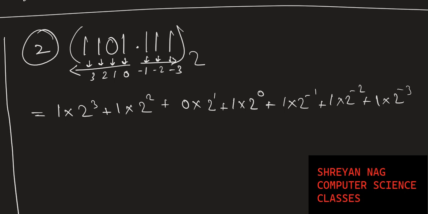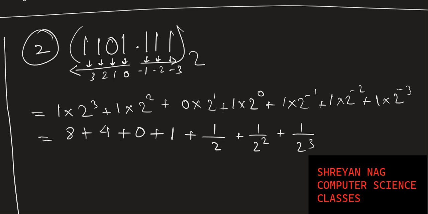So it becomes 2 to the power of 3 is 8, so 8 times 1 is 8. 2 to the power of 2 is 4, so 4 times 1 is 4, plus it is 0. 1 into 2 to the power of 0 is 1, plus 1 by 2 plus 1 by 2 to the power of 2 plus 1 by 2 to the power of 3.